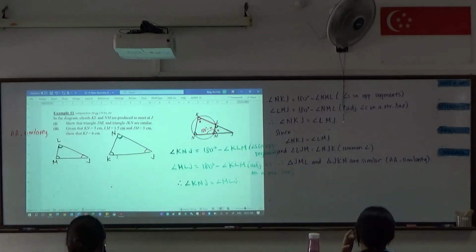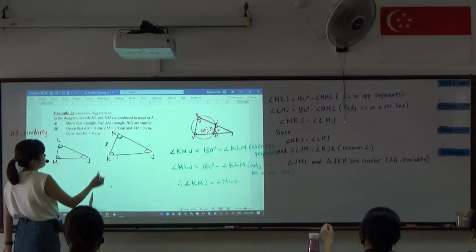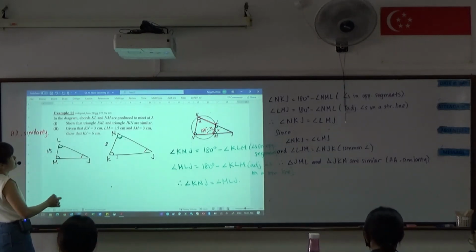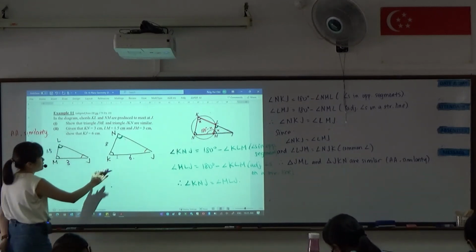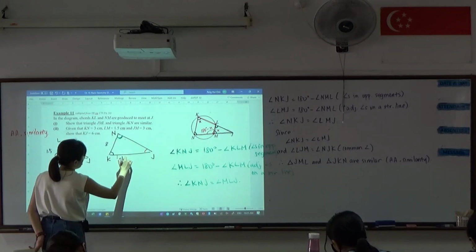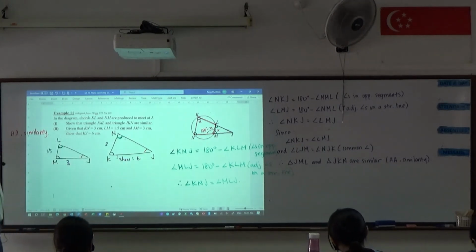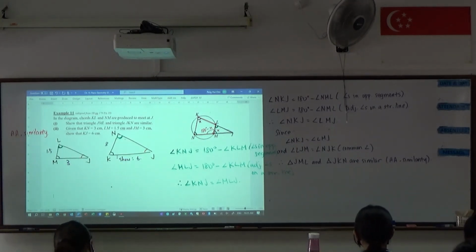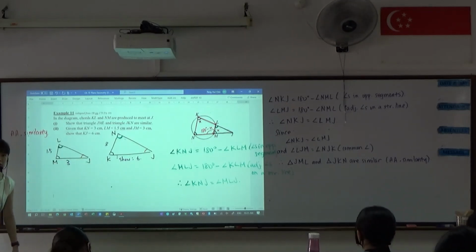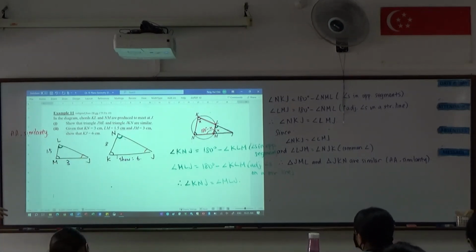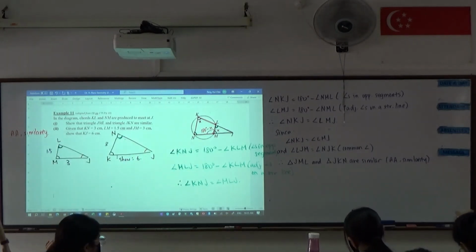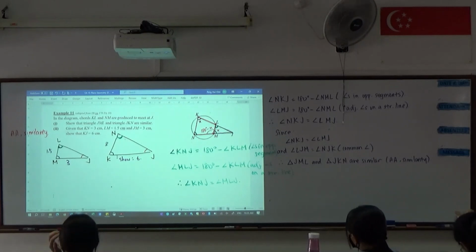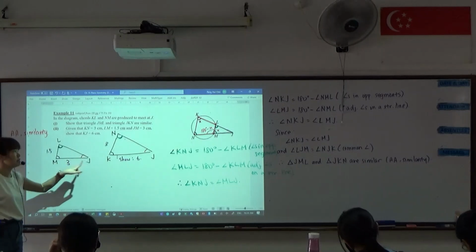Of the lengths that we're given, KN is given to be 3 cm, LM is 1.5, JM is 3, and KJ is 6. So we want to show that KJ is 6. If you have drawn your triangles in this manner, it will be a very quick task. If you don't draw it out, relying on this visually can be very challenging to see in your brain itself. So I really recommend that you draw it out, because I can see very clearly how it corresponds.